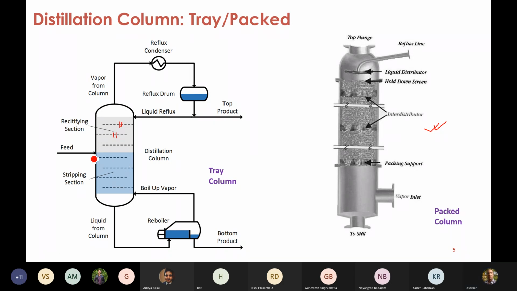And in this distillation column, what you see are the key aspects of a distillation column. This is just a textbook description of a distillation column.